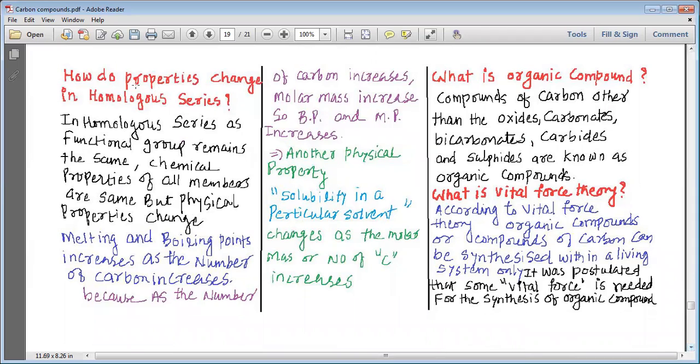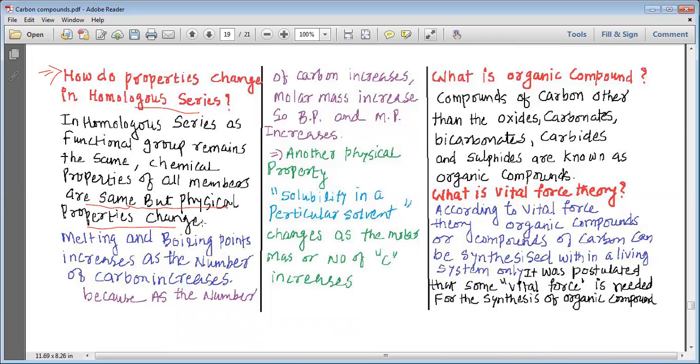Now we want to study the properties that change along the homologous series. So how do the properties change in the homologous series? In a homologous series, as the functional group remains the same, the chemical properties of all members are the same. Remember that all the members present in the same homologous series have the same chemical properties.